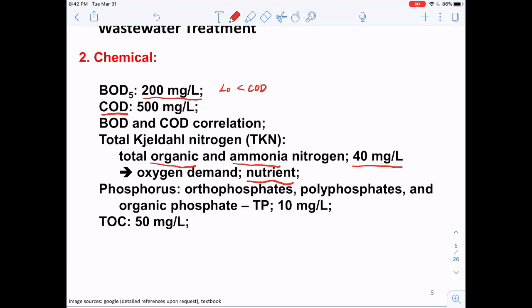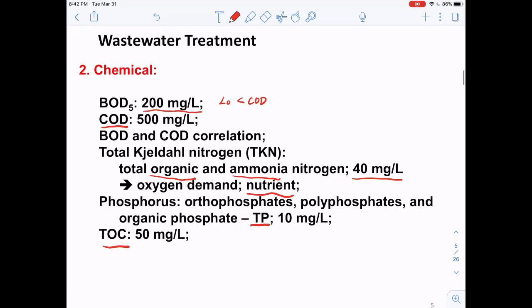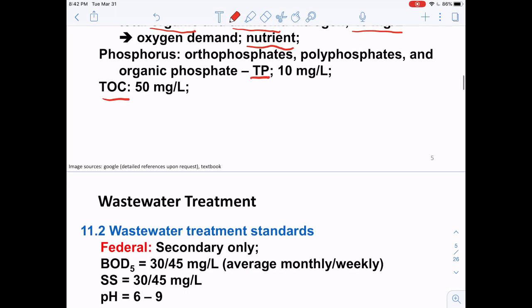We call these phosphates the total phosphorus, or the TP. For municipal wastewater, they have an average concentration of around 10 milligrams per liter. TOC here means the total organic carbon, and it normally has a concentration of around 50 milligrams per liter. Okay, so these are the characteristics on the chemical side of municipal wastewater.